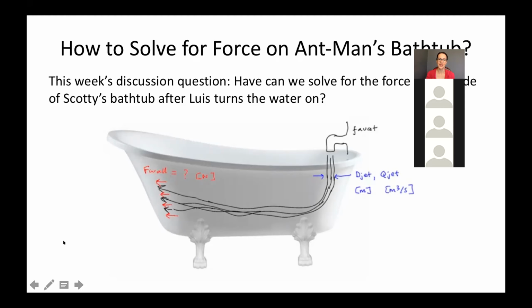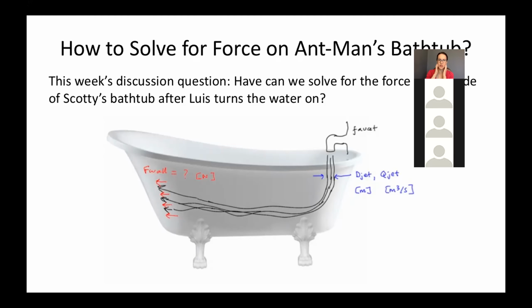So here's a sketch I made of the bathtub, and it's a pretty simple problem. We've got water coming in on the right from the faucet, hitting the bottom of the bathtub and flowing to the left, all the way to the far end where it sloshes against the wall.